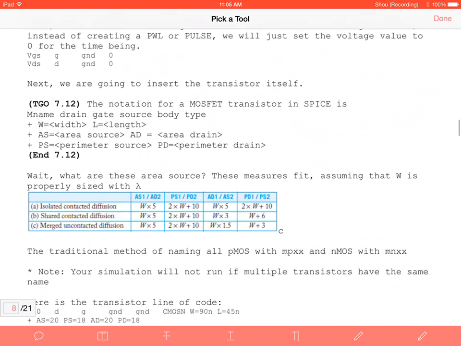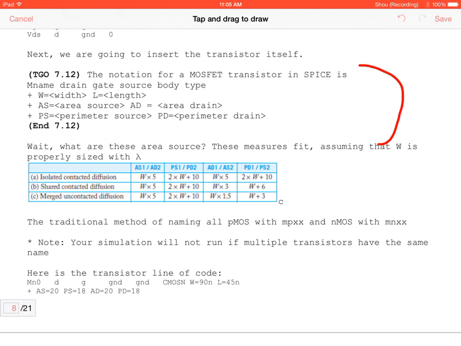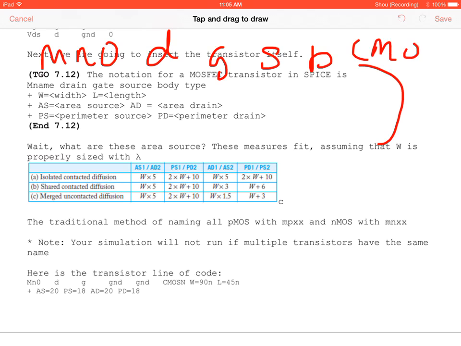And so we had the notation: M, you can call it N0 for NMOS. You have drain, gate, source, body, and then type. So here we would have CMOS-N.